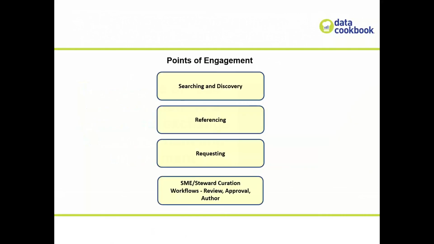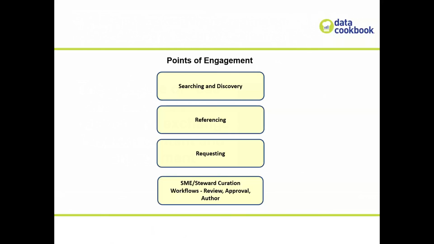When we talk about points of engagement, it's searching and discovery. People are able to come and look: I'm looking for data in this particular system. Do we have metadata in this system? Is the system documented? Is it in inventory at all? Yes or no? If it is, do I have the metadata? Yes or no? Okay, now I'm looking for particular types of data, every place that has invoice amounts, say, and you can search for that.